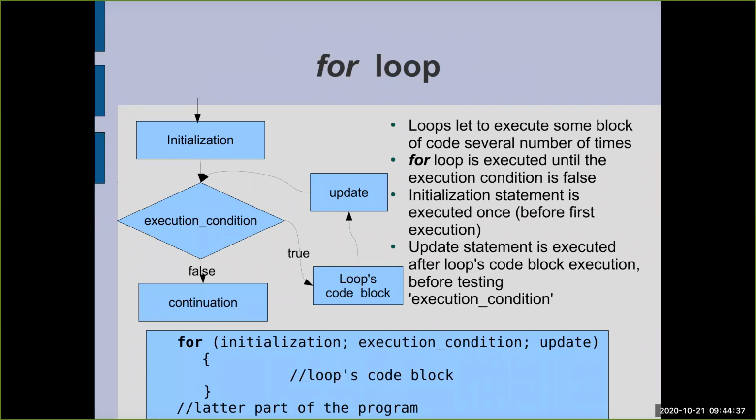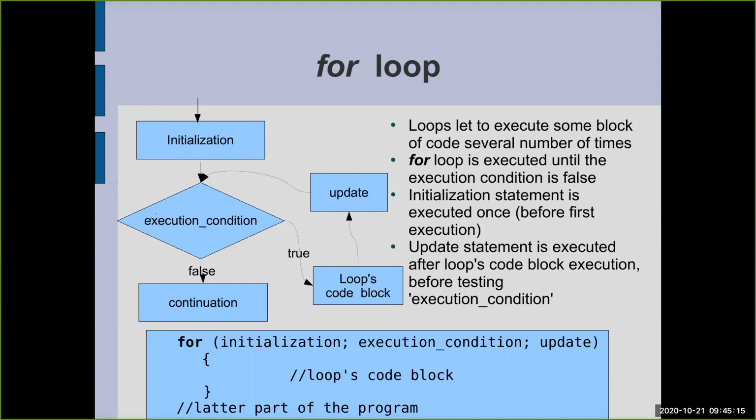Okay, so the last topic for today is the for loop. So now I'd like to tell you something about loops. So first we start from the block diagram, and I try to analyze it and to show how the flow in the program works.